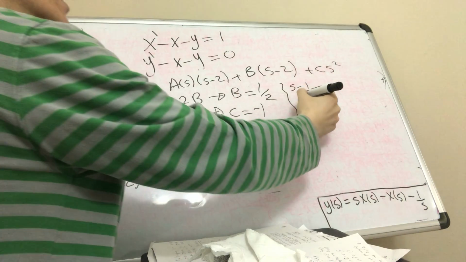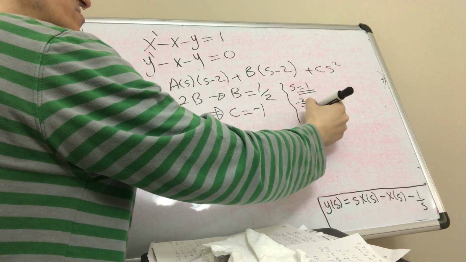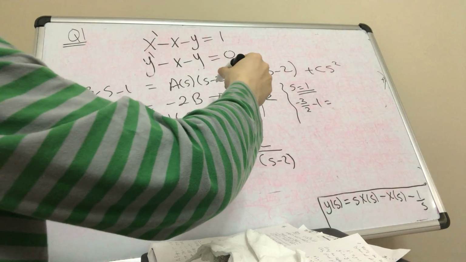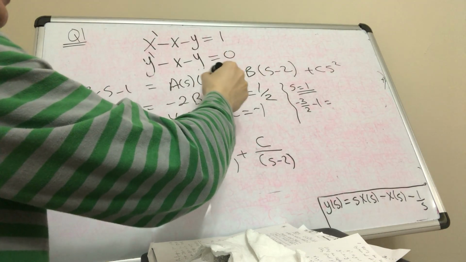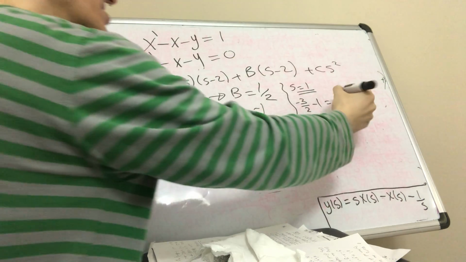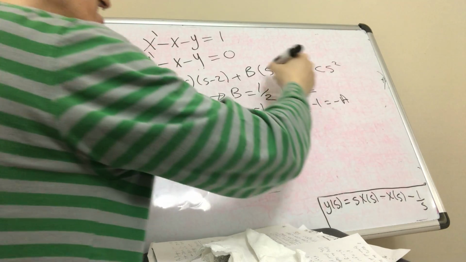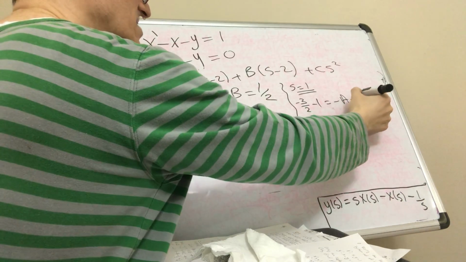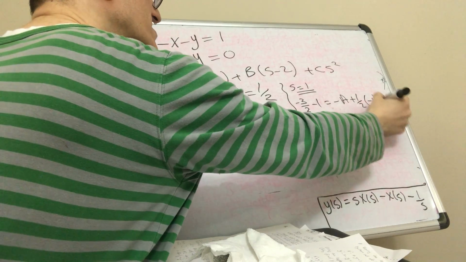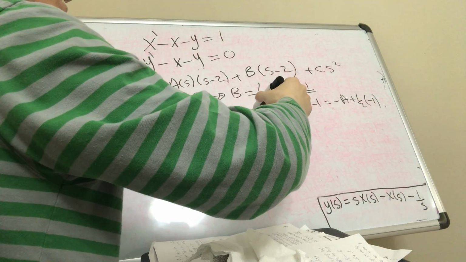1 here gives me negative 3 over 2 minus 1. A I don't know, but 1 times here would be negative, so negative A. B I already know is half. 1 here is negative 1. C is minus 1.